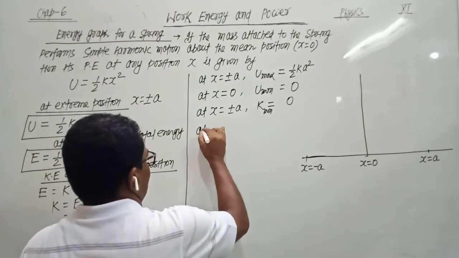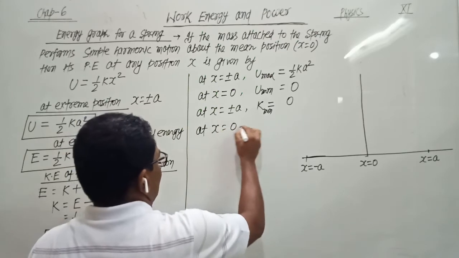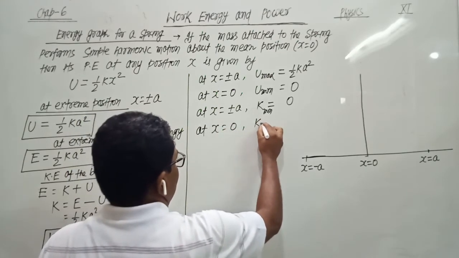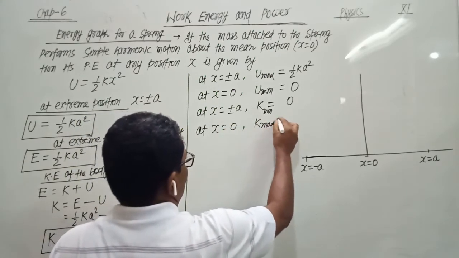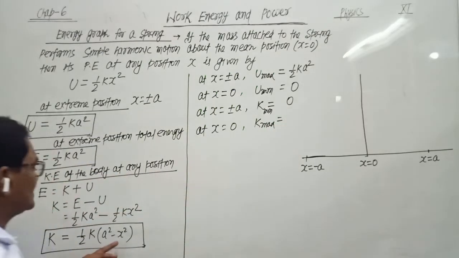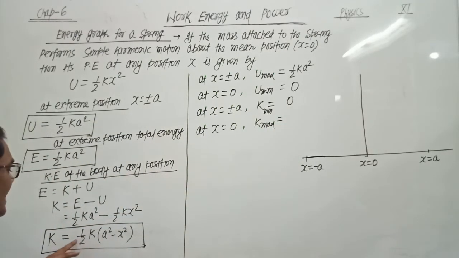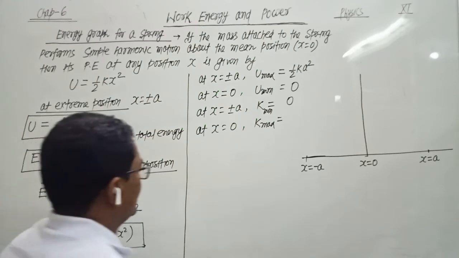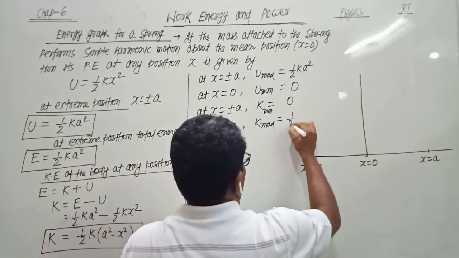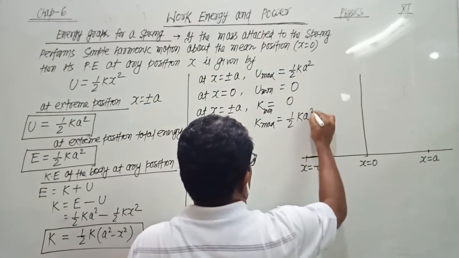Now at x equals 0, the mean position, kinetic energy has its maximum value. When we put x equals 0, we get kinetic energy 1/2 kA².